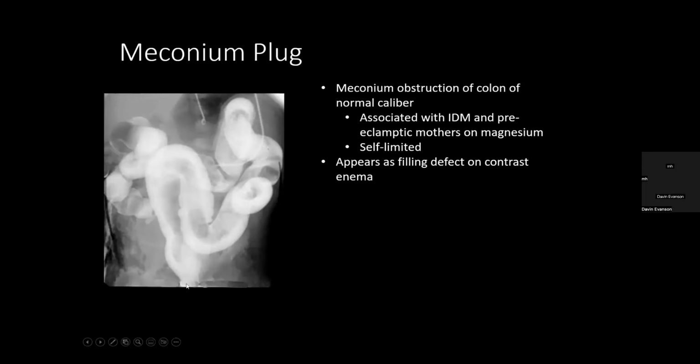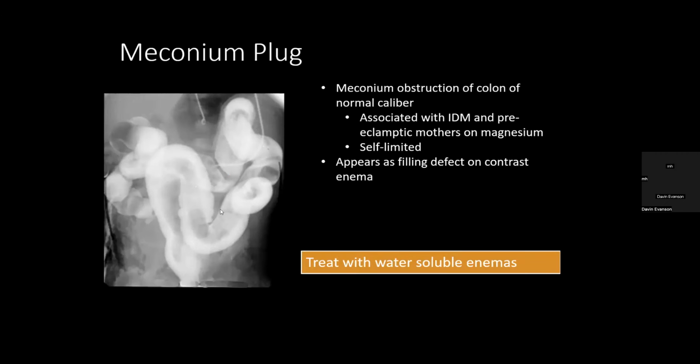And then you see the response of the colon and the bowel getting less distended after. This is one of the most satisfying things to help diagnose and then treat. And the baby feels a lot better, and the pediatrician feels a lot better.